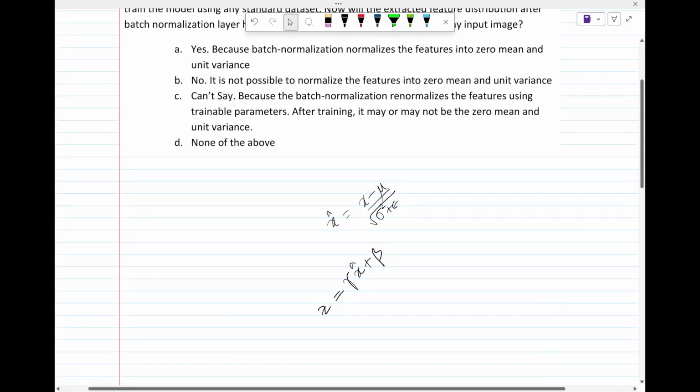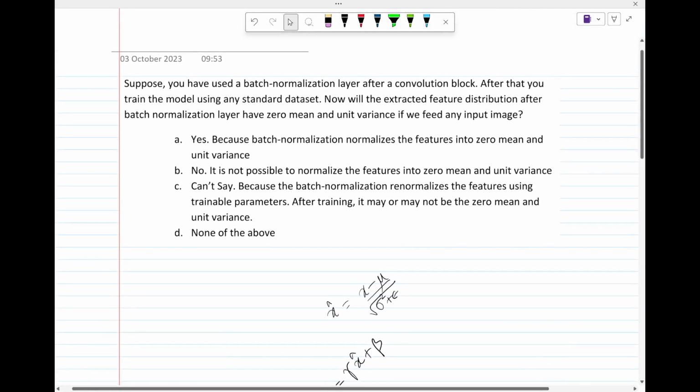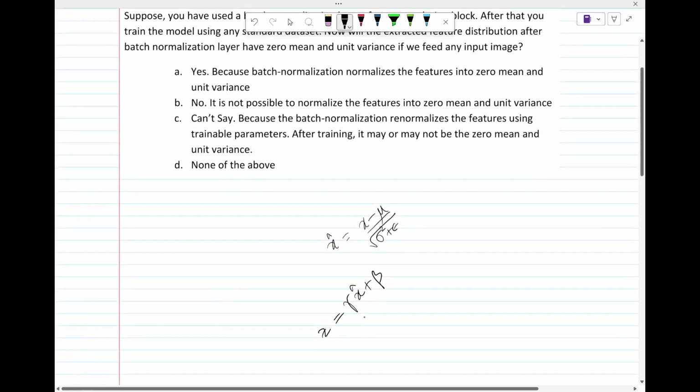So now the mean and variance doesn't remain 0 and 1. It can be anything depending on what values gamma and beta take. So the answer is C, because the mean and variance will depend on what values of gamma and beta you get.